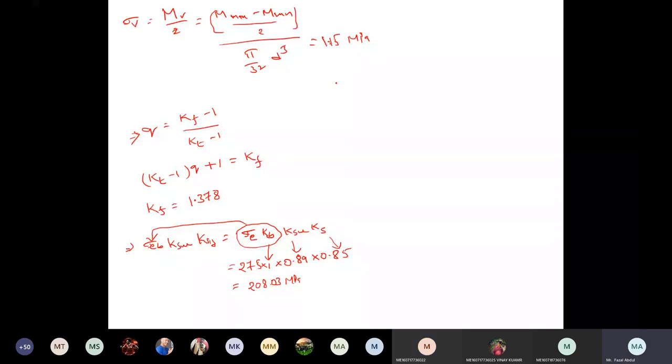Now substitute all the values in the Goodman relation. For the factor of safety, I am taking directly 2.